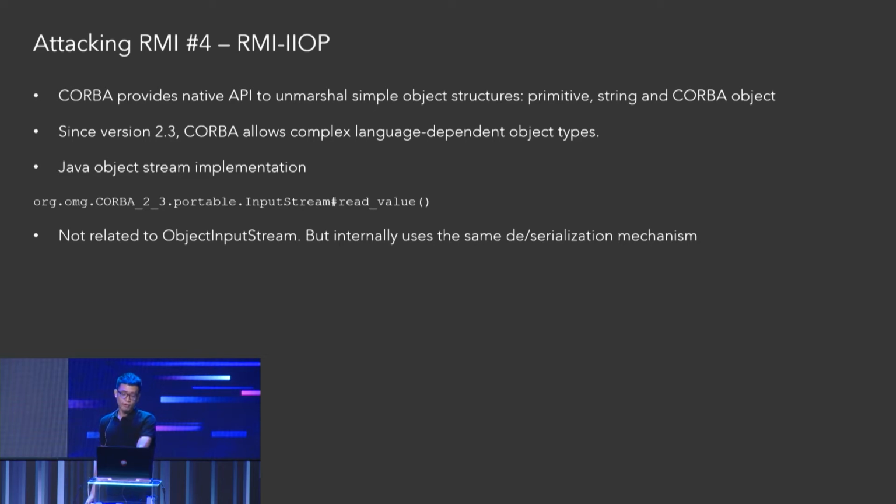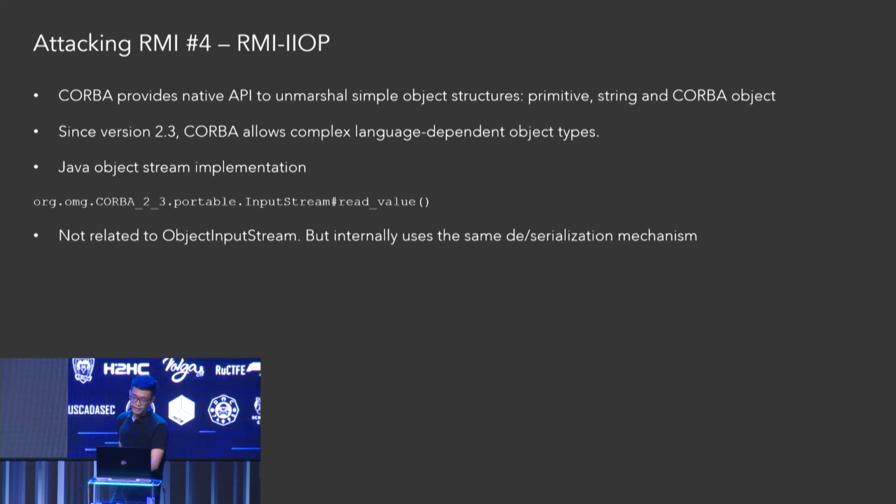The CORBA specifications provide native API to unmarshal simple object structures that are only known to the CORBA protocols, like primitives, integers, strings, and CORBA objects. A CORBA object is not to be confused with a Java object. They're different things. But since version 2.3, CORBA allows more complex language-dependent object types.